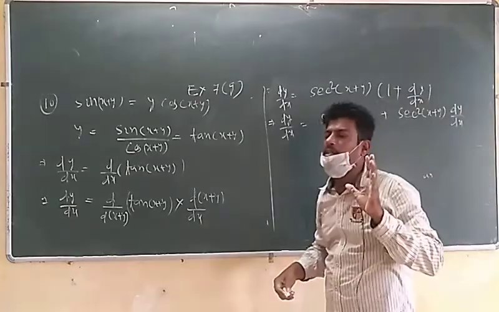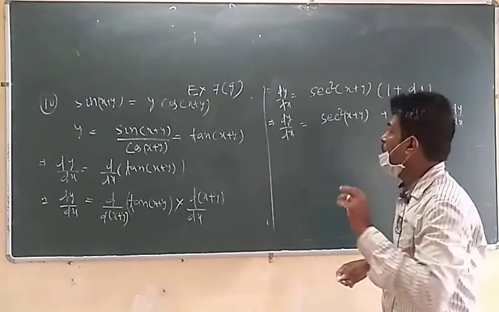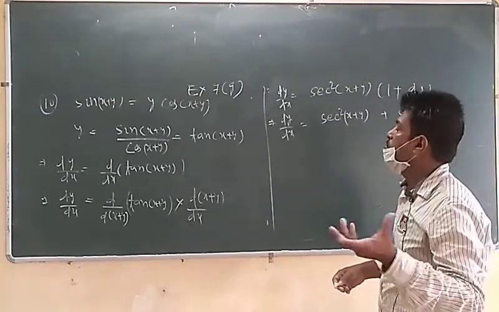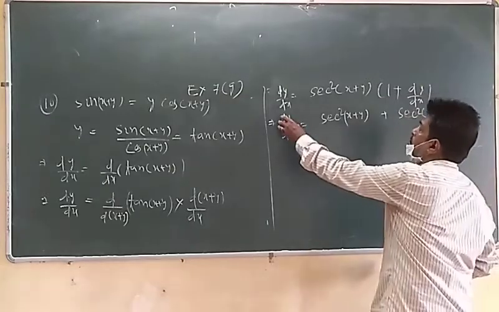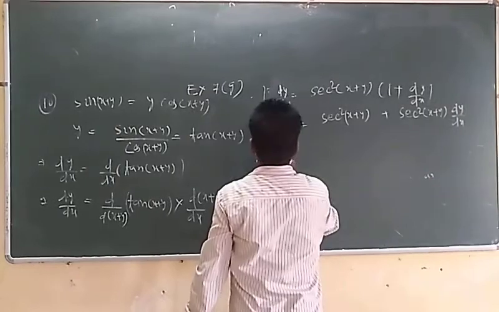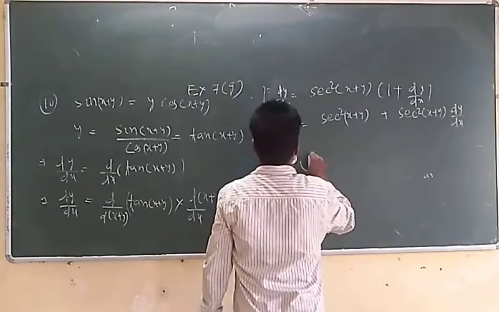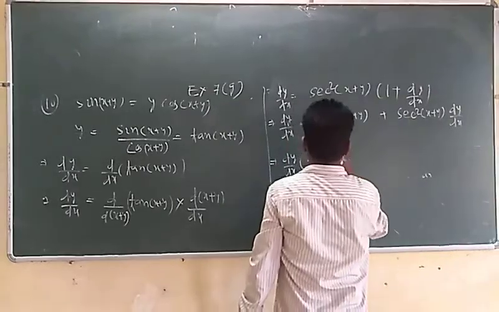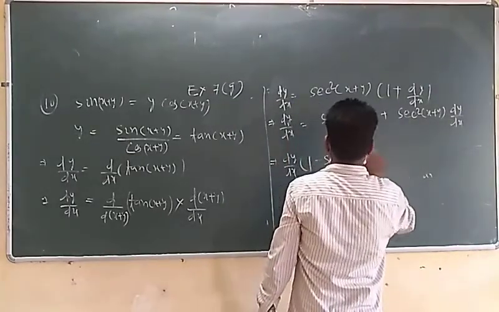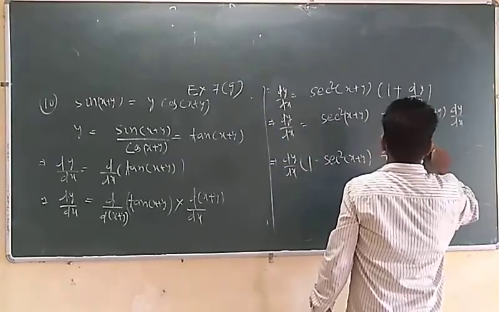According to our implicit function steps, step 3: the terms containing dy/dx are taken to the left side, so that term is also dy/dx and goes to the left. Taking dy/dx common, we get dy/dx (1 - sec²(x + y)) = sec²(x + y).